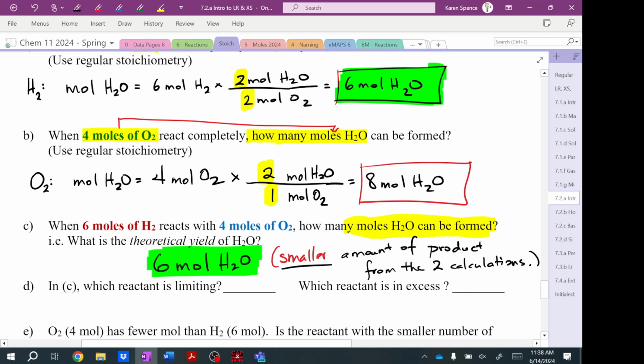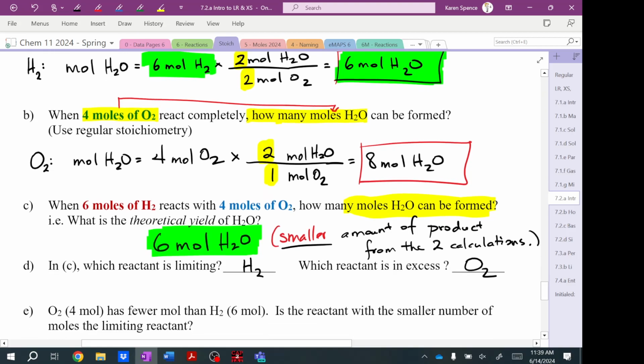So who limits the amount we can get? The H2, okay? That's what we started with to get the smaller amount. So H2 is the limiting reactant. What do we call the oxygen? We call that the excess reactant. So the O2 is in excess.